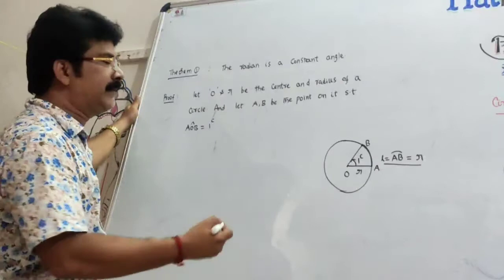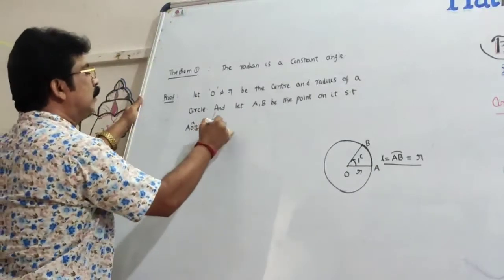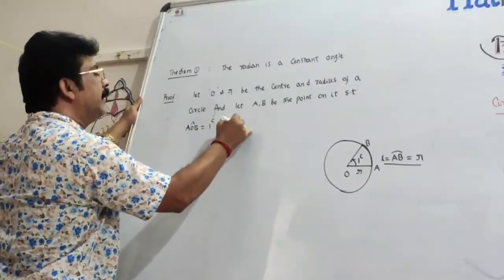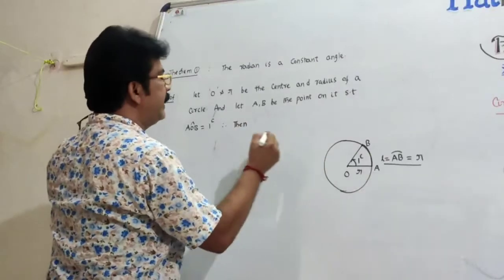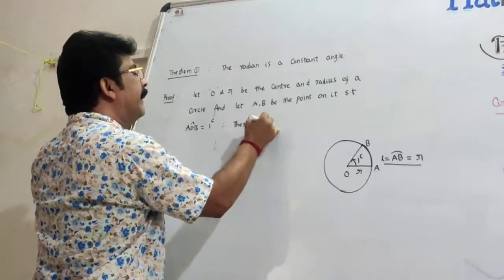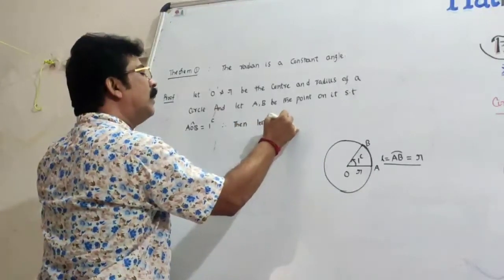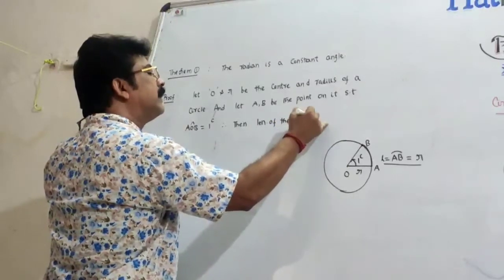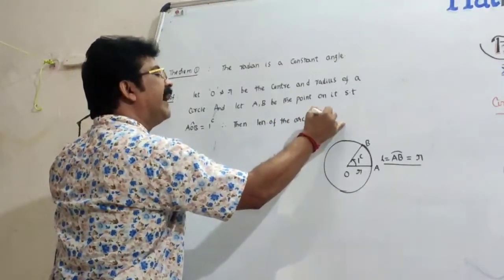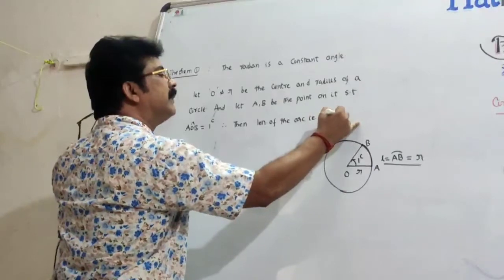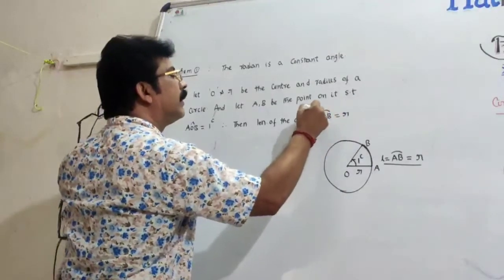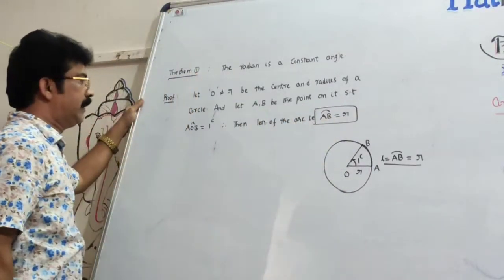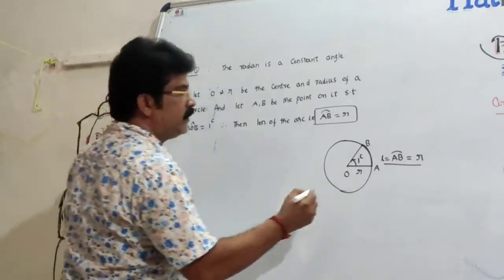For our convenience we are taking 1 radian. Therefore, definitely the length of the arc, that is simply arc AB, is equal to R. Right, 1 radian.